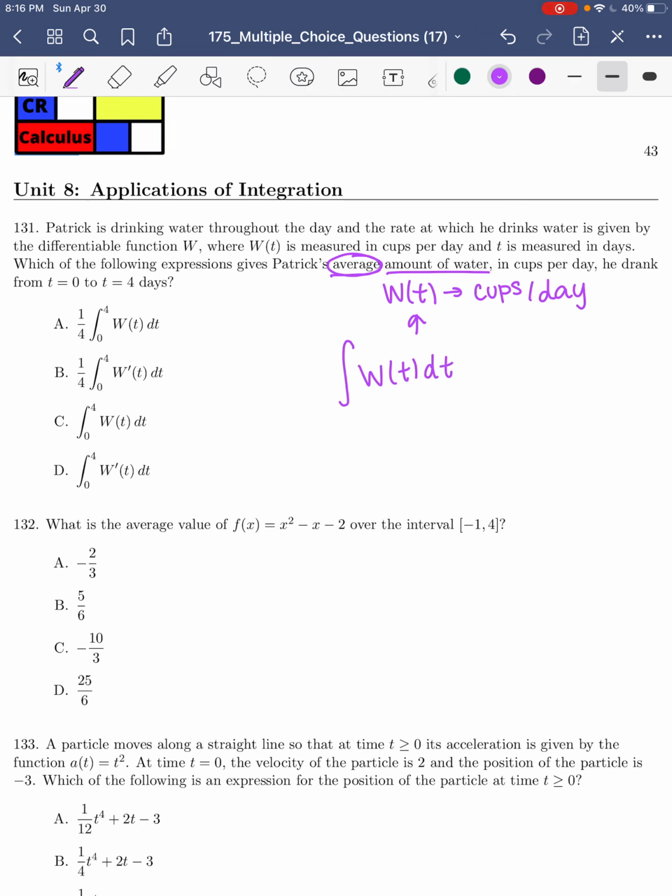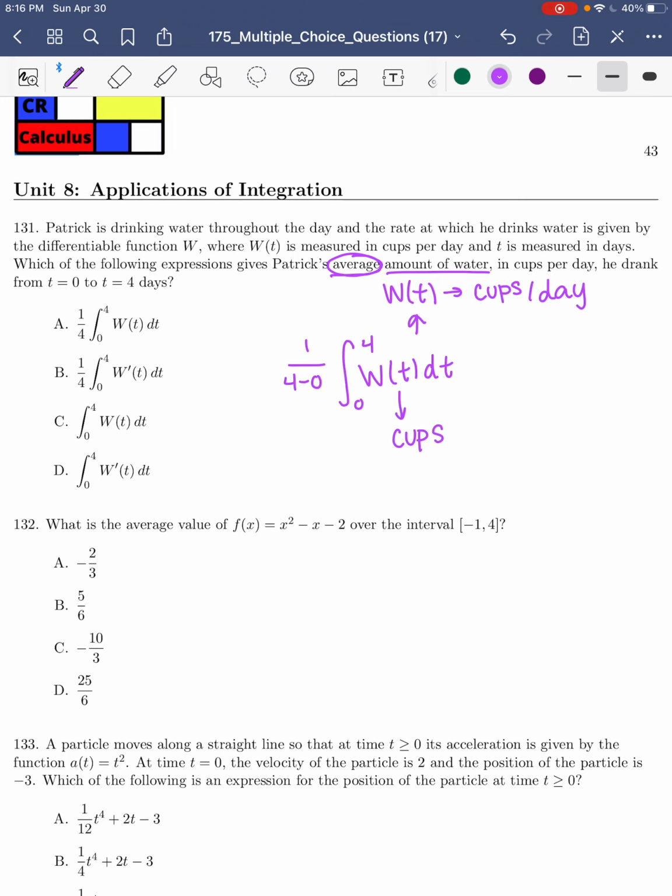Then if I want the average, notice they tell us it's from 0 to 4. So I need to multiply this by 1 over 4 minus 0, just because that's our average function formula that we use. Now, I know I'm very big on looking at units here, so let's think about this. W of t, if I take the antiderivative of cups per day, we're going to go back a rate, which just makes this cups.